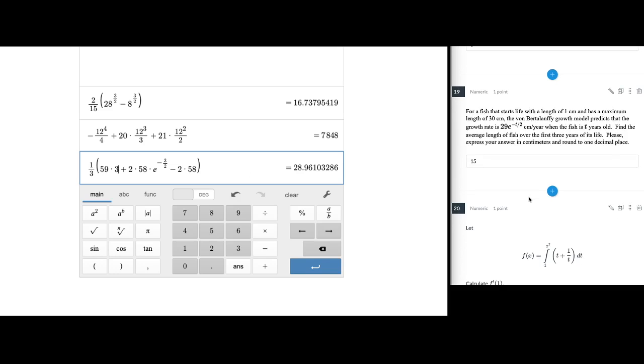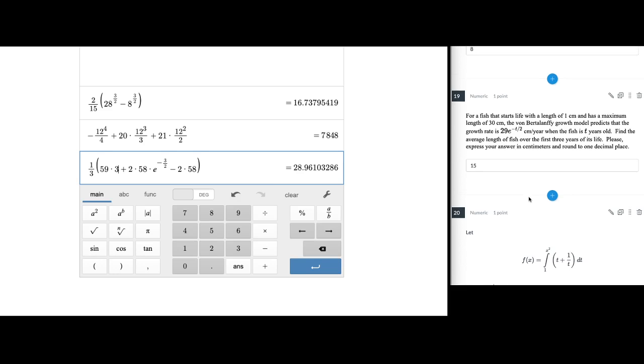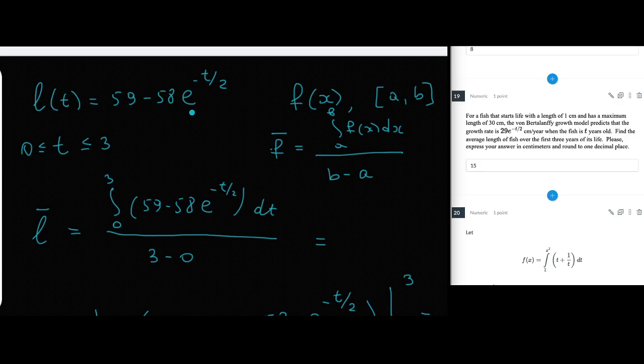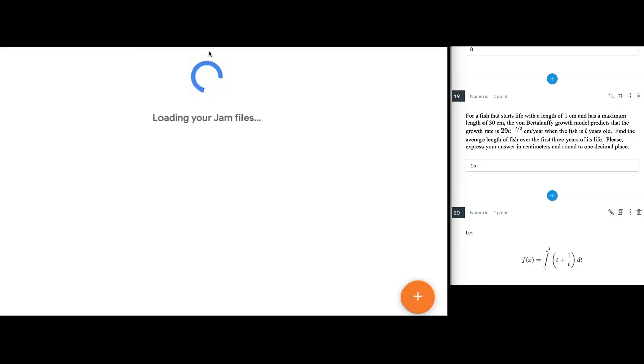Now, looks like I'm getting a slightly different answer. That is the answer in the problem. Let's take a look. Let's see, maybe I made a mistake somewhere.